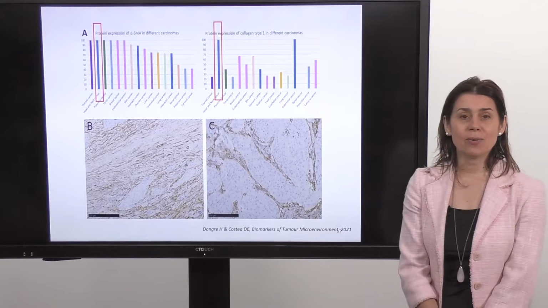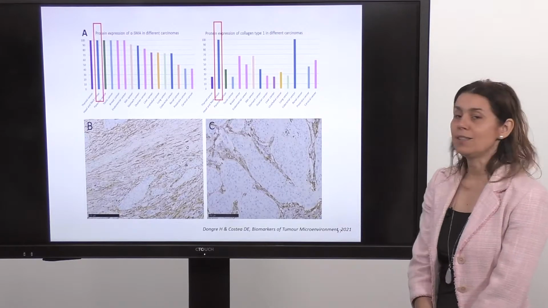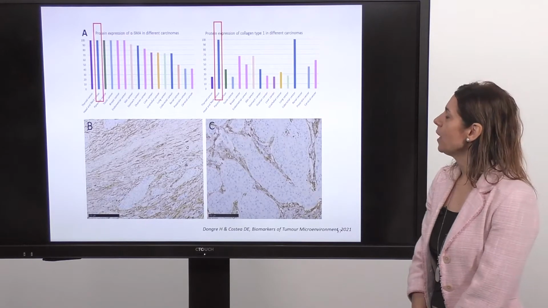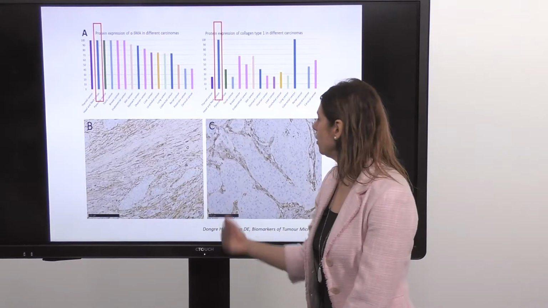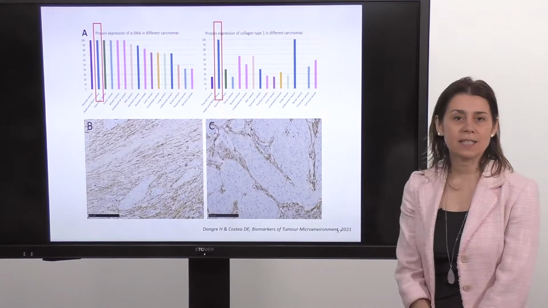And of course, they are quite heterogeneous. We know that in terms of the genetic makeup of the cells, but also in terms of the tumor stroma. So some have an abundant tumor stroma, some have a less abundant tumor stroma.